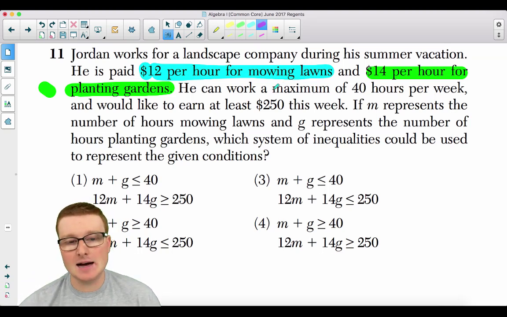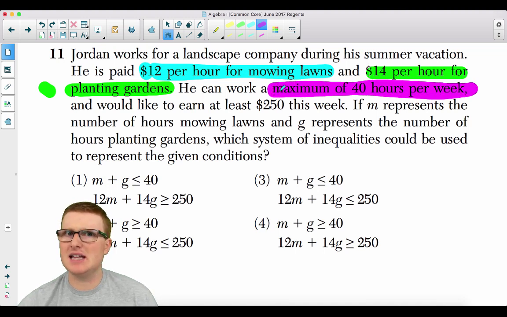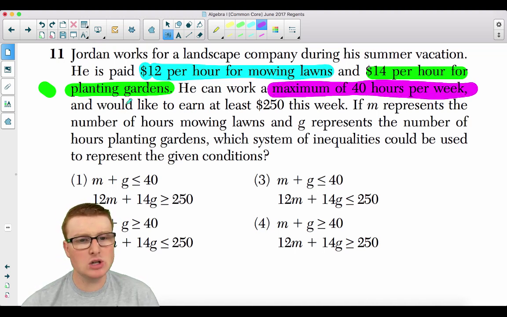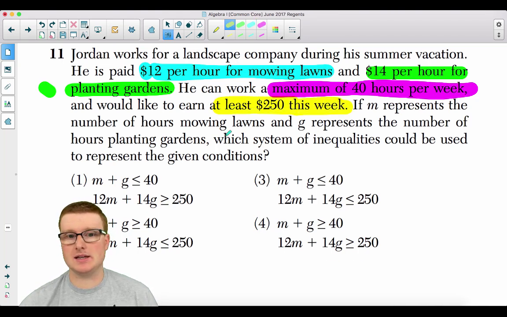He could work a maximum of 40 hours per week, probably because of state working laws, right? And would like to earn at least $250 this week. If M represents the number of hours mowing lawns and G represents the number of hours planting gardens, which system of inequalities could be used to represent the given conditions?